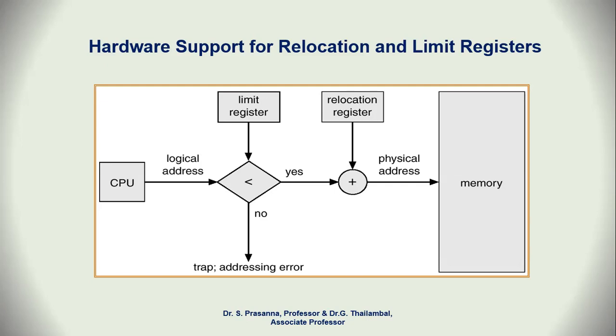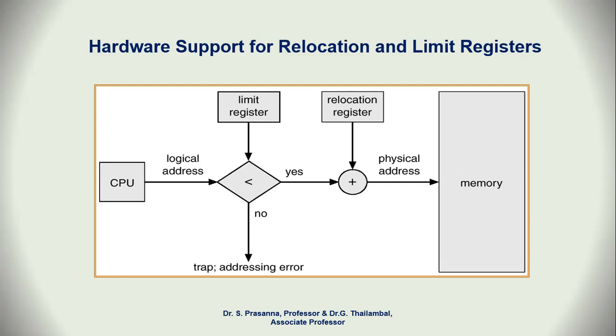And suppose the user wants to know the 11th line, which is not available in your programming code. There won't be an 11th line in your code, but the user wants to know about the 11th line. So the limit register value is 11, while the logical address is going to be 410 only.